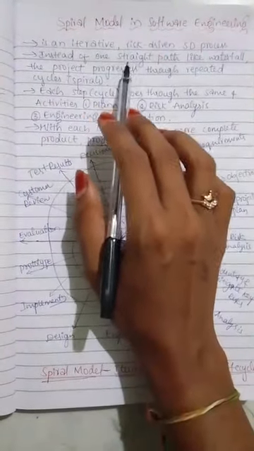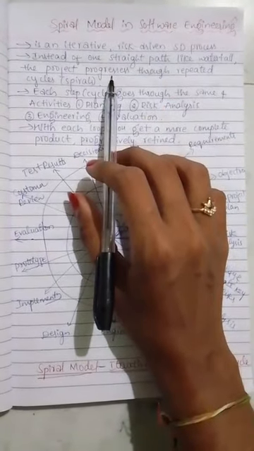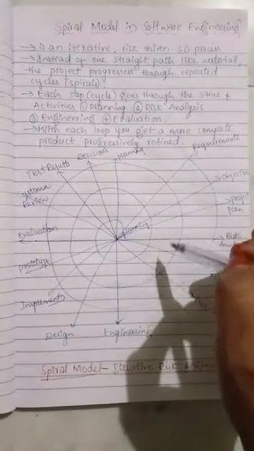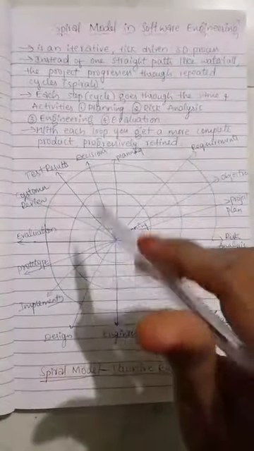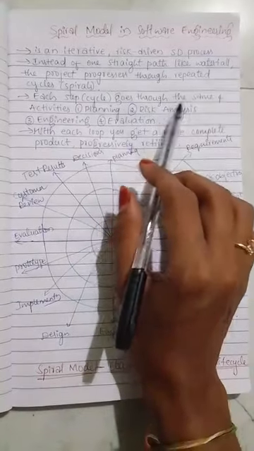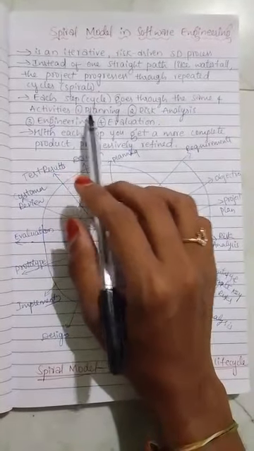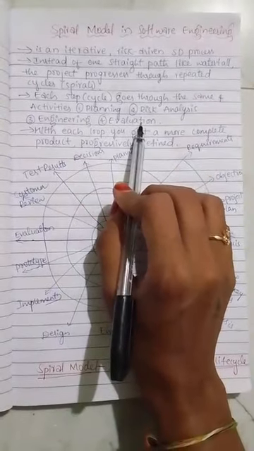Instead of one straight path like the waterfall model, the project progresses through repeated cycles. Instead of straight lines, it has cycles, that is spirals. Each cycle goes through the same four activities: planning, risk analysis, engineering and evaluation.